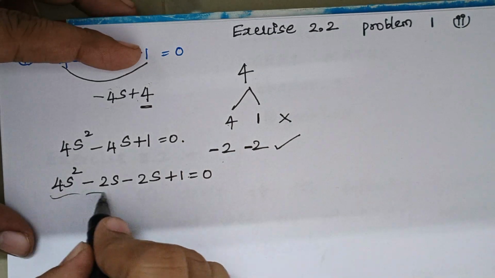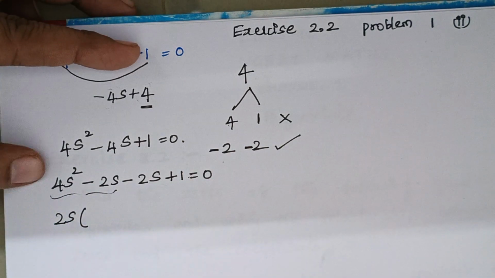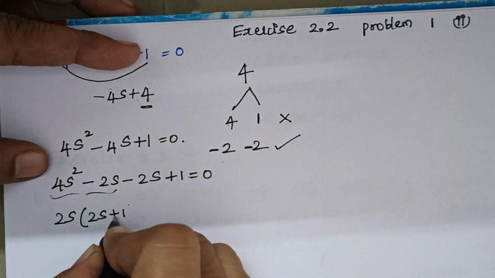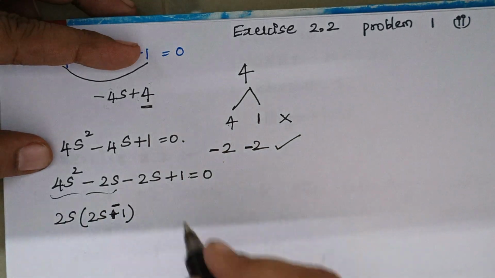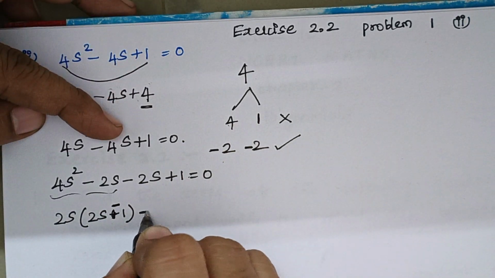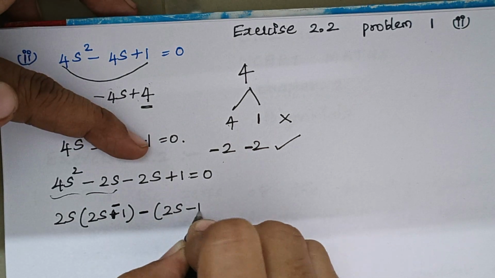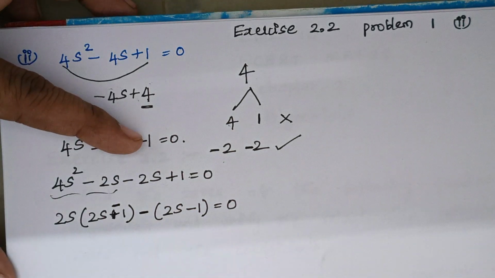In the first two terms you can take 2s commonly outside, so it becomes 2s into 2s minus 1. And in the last two terms, when you take the minus sign commonly outside, you will again have 2s minus 1, which is equal to 0, right? Both these terms are the same.